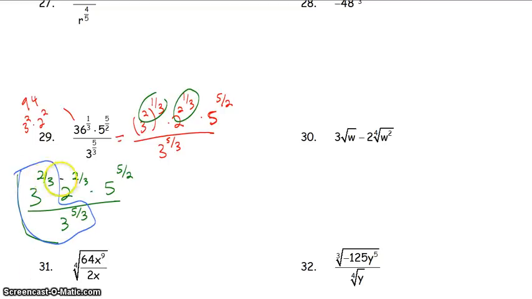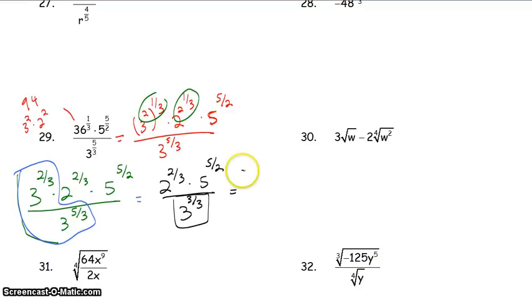You have 3 to the 2/3 minus, so 2/3 minus 5/3 is 3/3 on the bottom. So this turns into, on the top, 2 to the 2/3 times 5 to the 5/2 all over just 3 to the 3/3, which is just 1. So we don't have to do anything with this now. This is good. We just have to fix the top now.